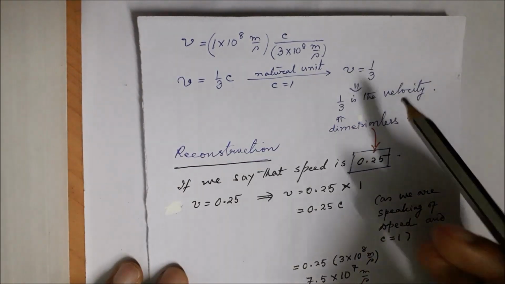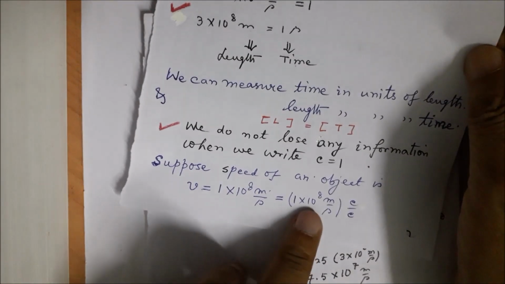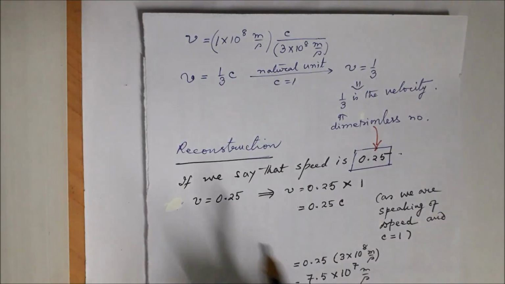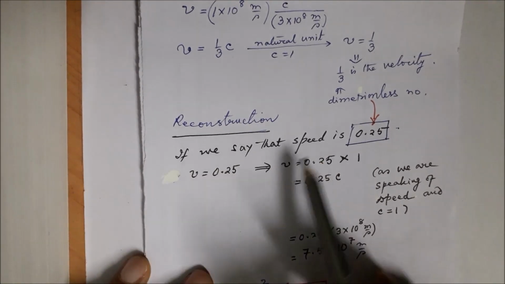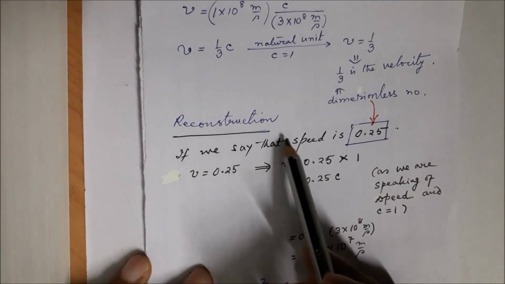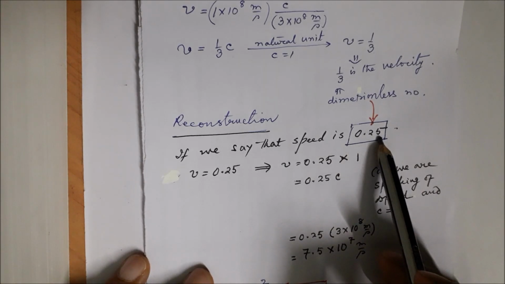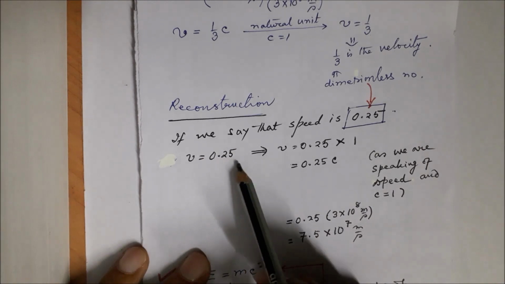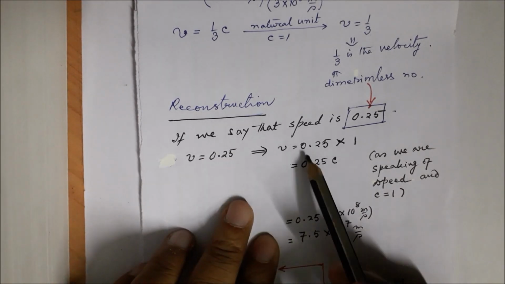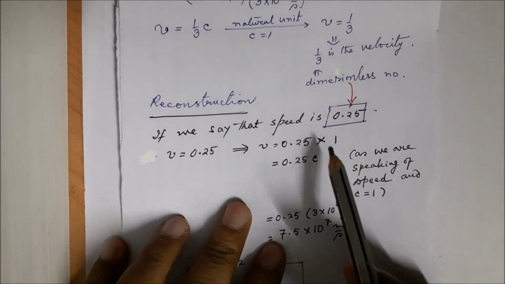Now let us reconstruct the original velocity, V equal to 10 to the power 8 meter per second. Let us take another similar problem. Suppose we say that speed is 0.25. So V is 0.25. This means V equal to 0.25 into 1. Now here two things are important.